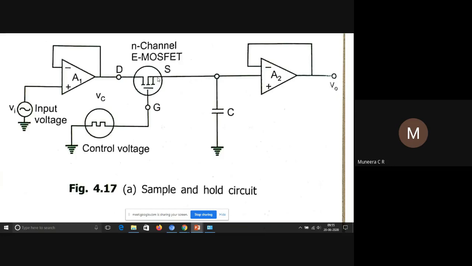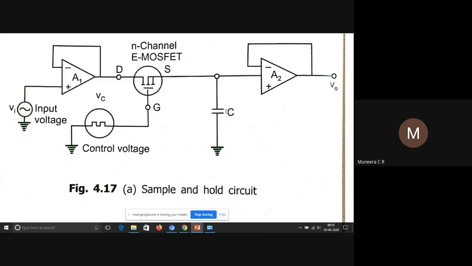The MOSFET will turn on when the control input is given to the gate. Since it is an N-channel, if you are using a square wave, when the control voltage is high, the MOSFET turns on, and when the control voltage is low, the MOSFET turns off.